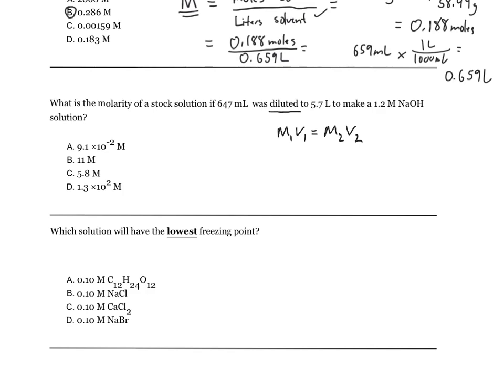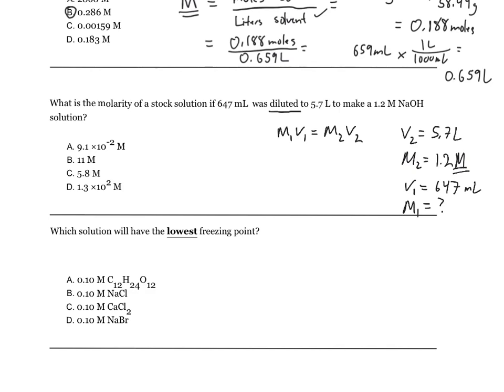So we've got, what is the molarity of a stock solution? 647 milliliters was diluted to 5.7 liters. So V2 is 5.7 liters. M2 is 1.2 molar. V1, 647 milliliters. So the question's asking for M1.